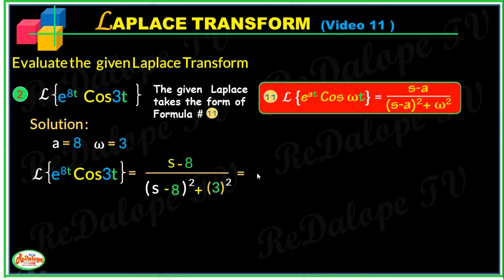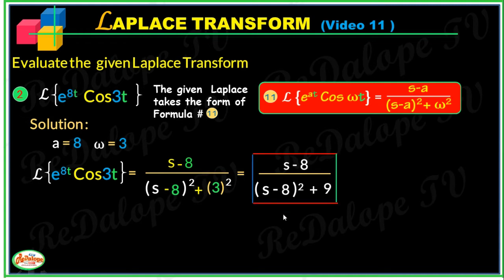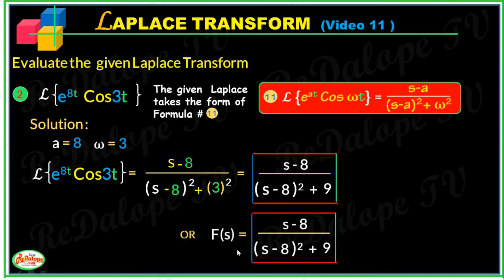Simplifying, we have s minus 8 divided by the quantity of s minus 8 squared plus 9, since 3 times 3 is positive 9. That is the final answer since there is no multiplier here. The answer can be written as F of s equal to s minus 8 divided by s minus 8 squared plus 9.